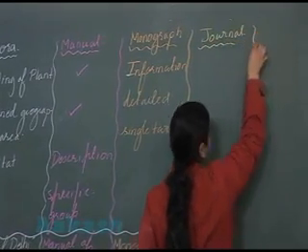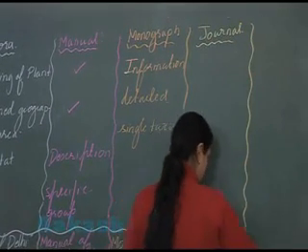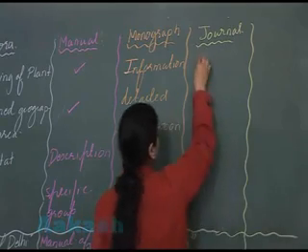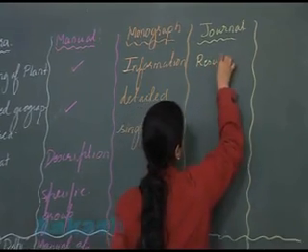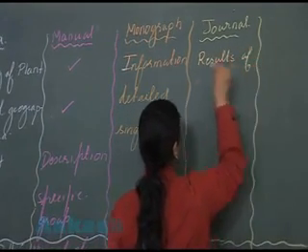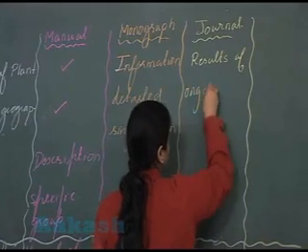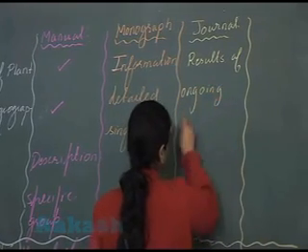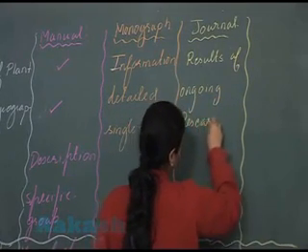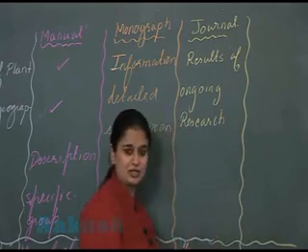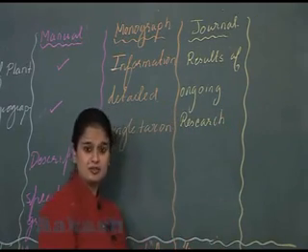Yes, please write it down. Journal. Journal will have the results of ongoing research. Journal will have the information of current research.